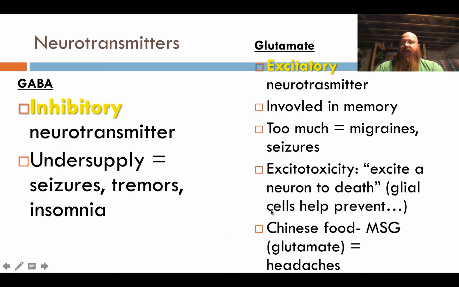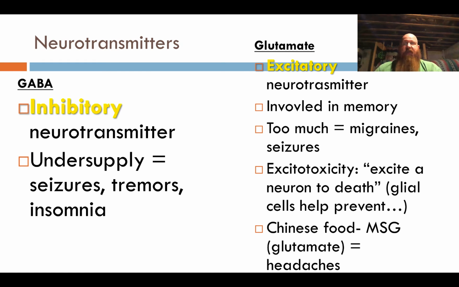But there are some foods that are high in glutamate, and one of those is Chinese food. I don't know if you've ever heard of people talking about MSG. A lot of times you'll see "no MSG" advertised, but MSG is essentially monosodium glutamate.